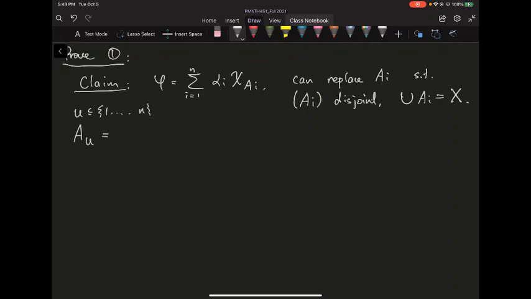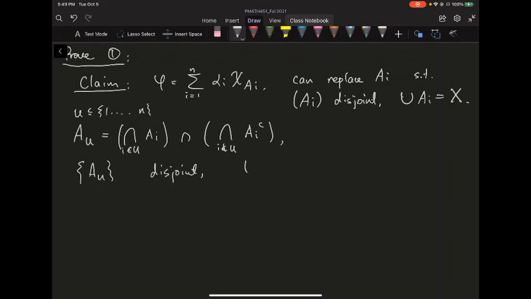You let A of U be the intersection of A_i for i in U, and then you intersect with the complements, A_i complement, for i not in U. So these A_U are all disjoint, and the union of these A_U, there are 2 to the n of them, over U a subset of 1 to n, will give you the entire set, okay?